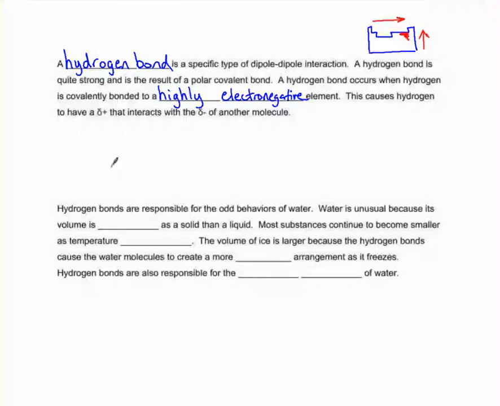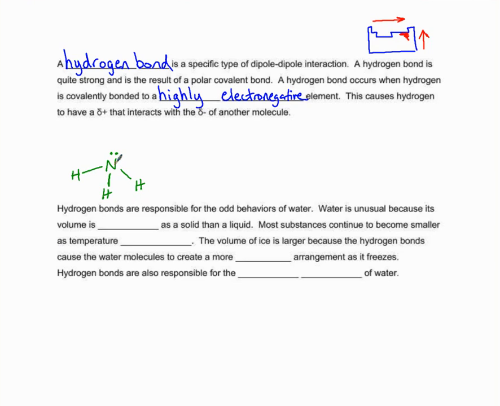So let's look at something like this. This is an ammonia molecule, and it has three hydrogens kind of on one end, and this is in 3 dimensions here. So 3 hydrogens, and they're bonded to a nitrogen.